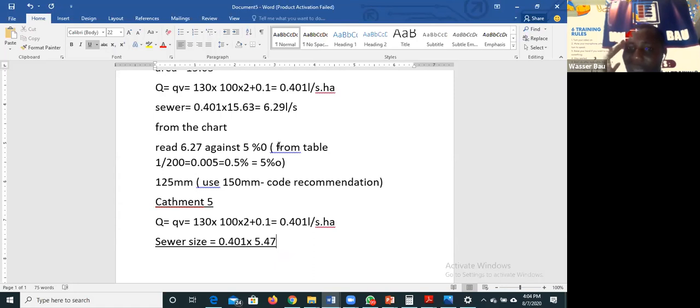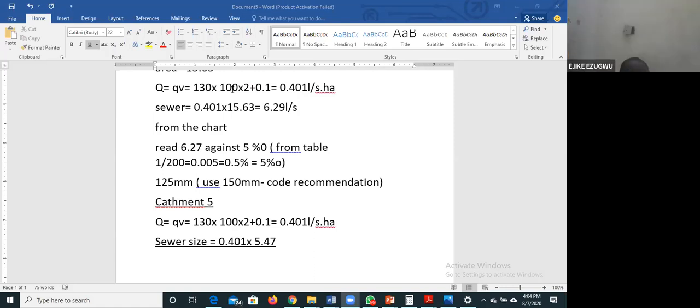You use the size of the land and multiply by the flow per unit hectare. The land use will guide you on this 100 here. It could be 300, it could be 400, depending on whether it's low density, high density, or medium density. Are you with me? Are we together? Okay. Yes, we are with you. Thank you, sir. That's a good one.